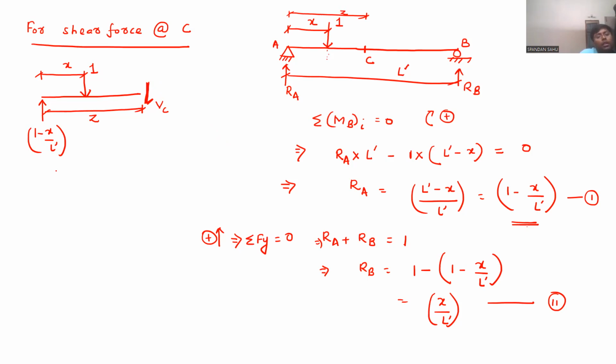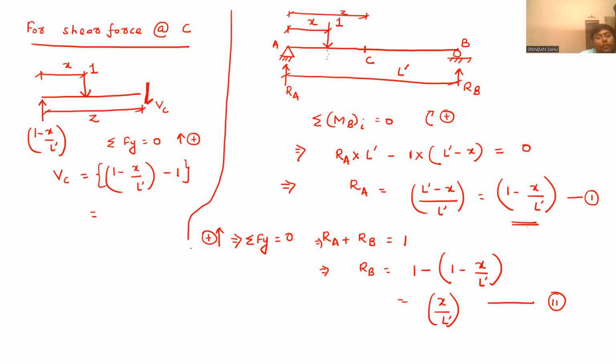Now we can write VC will be equal to, again summation of Fy equal to 0 with positive upward. I am directly writing 1 minus x by L prime minus 1. So we are getting minus x by L prime.